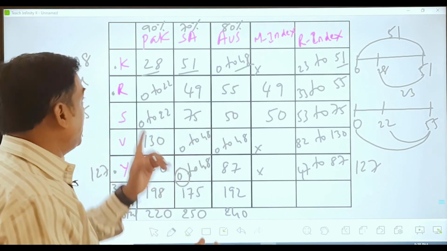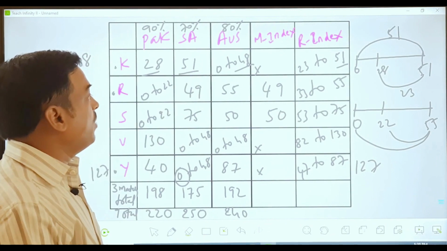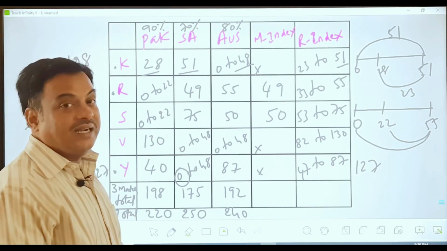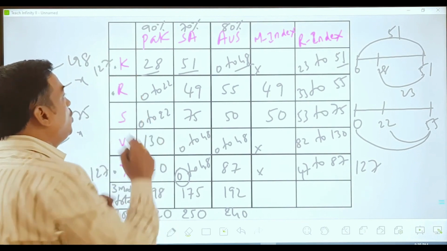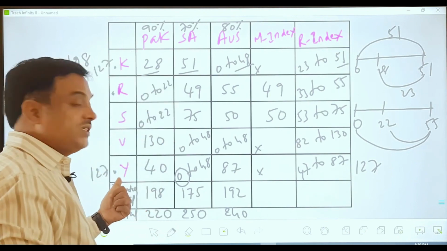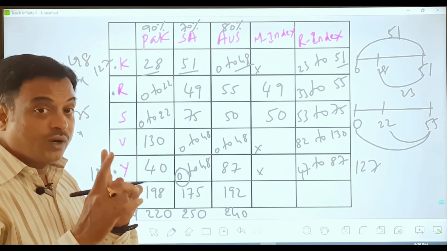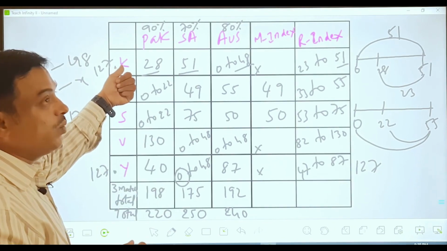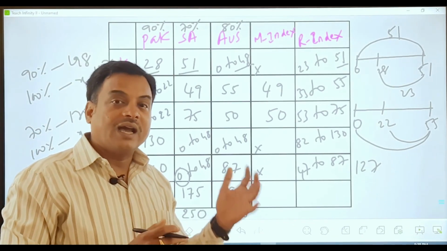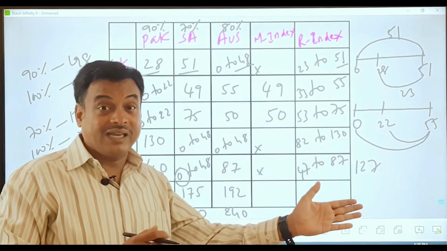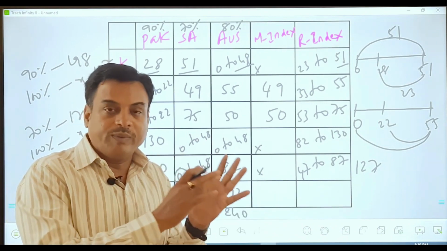I am taking the highest value possible for Khaif. 48 plus 51 is 99, and 99 plus 28 is 127. Now the highest total of Khaif and the lowest total of Yuvraj are the same. If Khaif scored 127 and Yuvraj also scored 127, then I cannot say Khaif is definitely less than Yuvraj. He can be equal to Yuvraj also, so it cannot be definitely less.